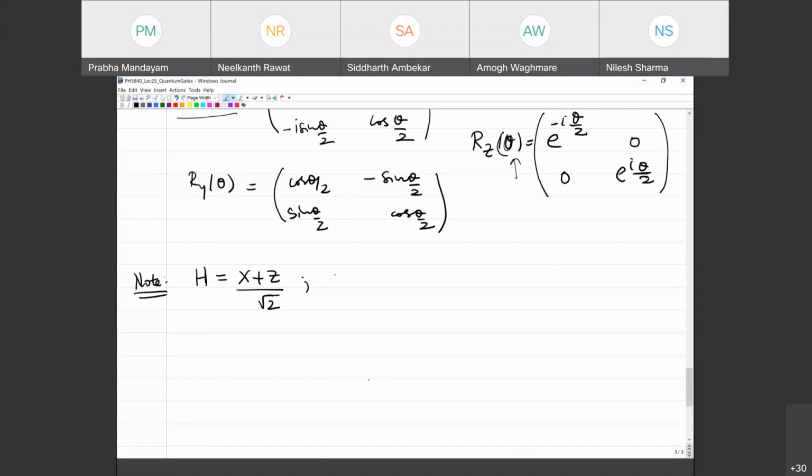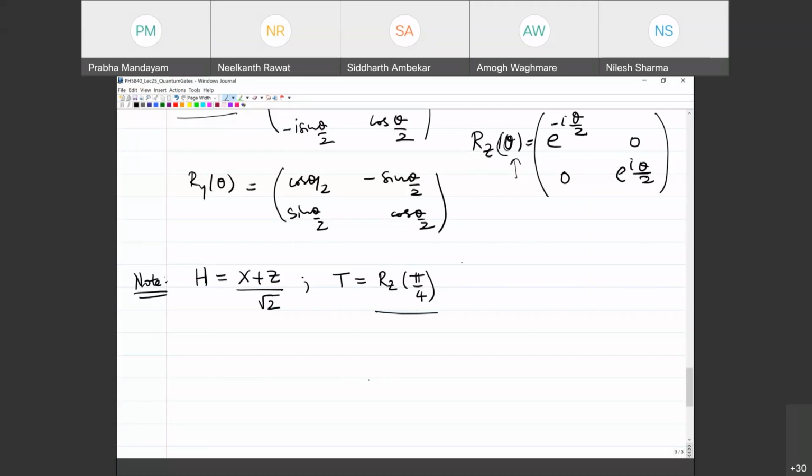And then think of the T gate. What rotation matrix is the T gate? It's easy to view T as a rotation matrix: Rz of pi by 4. That's why this is called the pi over 8 gate, because the pi over 8 angle is what appears when you view it as a rotation matrix, although it's Rz of pi by 4.